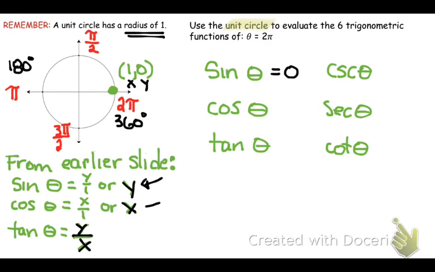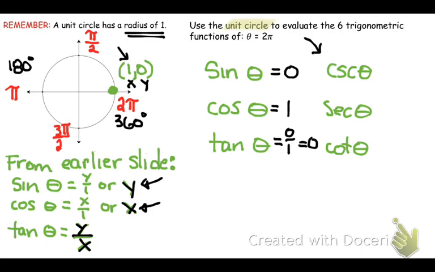Cosine is equal to x, and x in this instance is equal to 1. And then tangent is y over x, so that would be 0 over 1, which is the same as 0. All right, so now we're going to be dealing with the reciprocals of these.